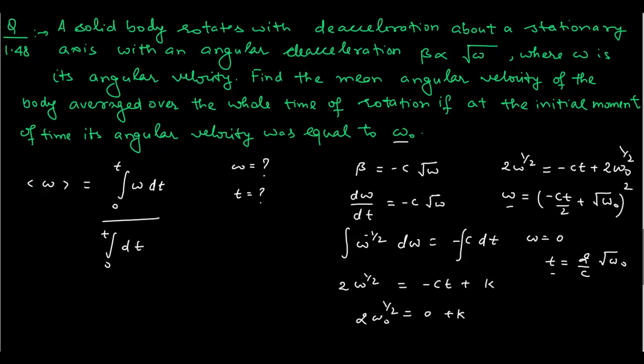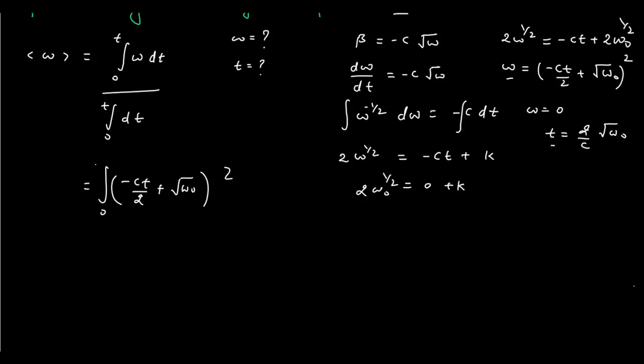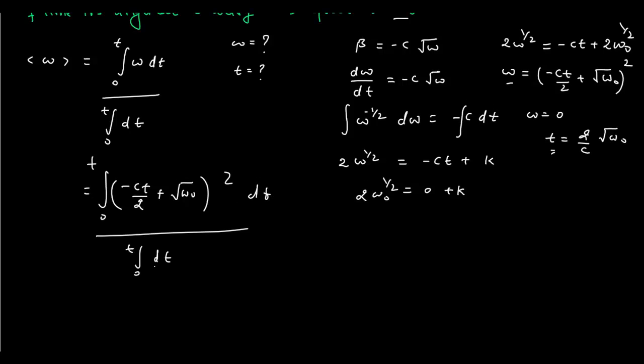So if I put this omega as minus ct by 2 plus under root omega naught, whole square, integration is from 0 to t, the value of t is this, we have calculated dt, divided by t.